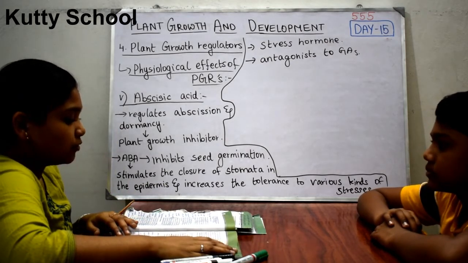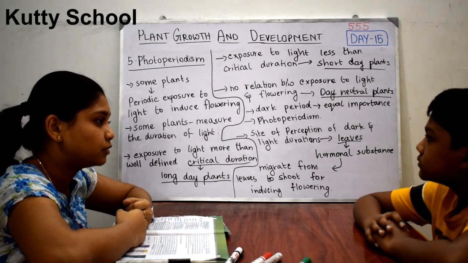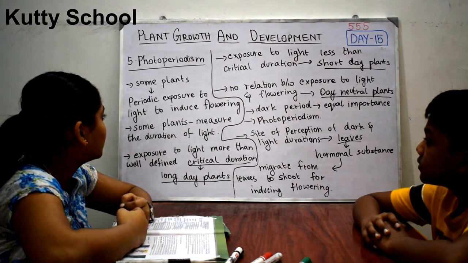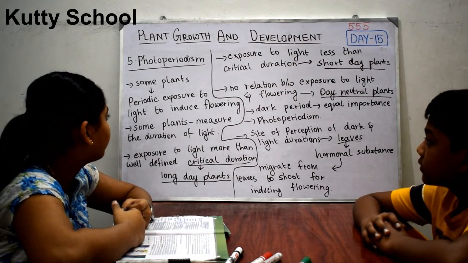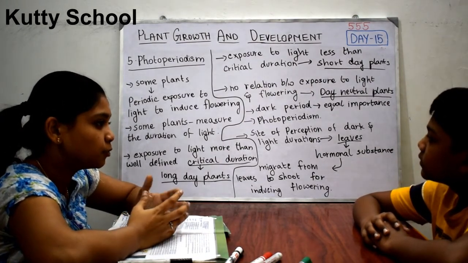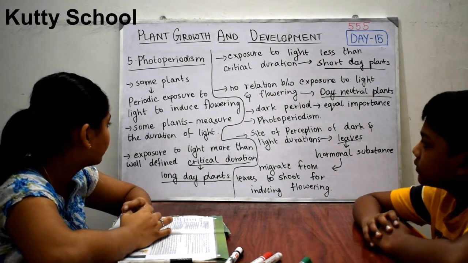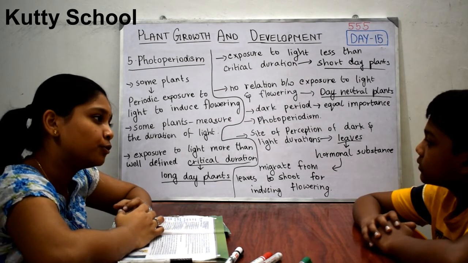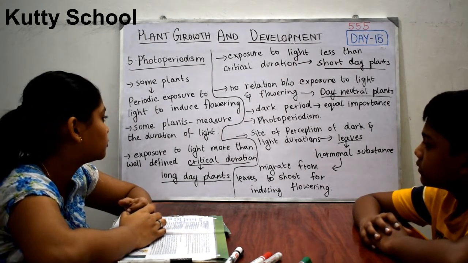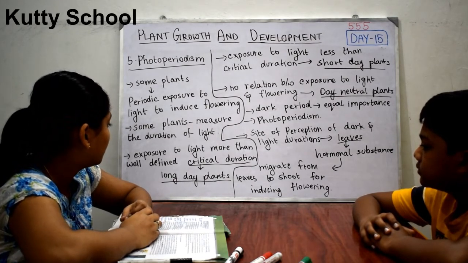So next we go to the fifth topic, which is photoperiodism. Photoperiodism is nothing but some plants having periodic exposure to light. Some plants, on exposure to light, induce flowering. Some plants measure the duration of light, or how long the light falls on them.